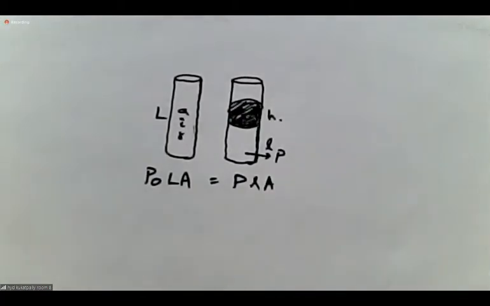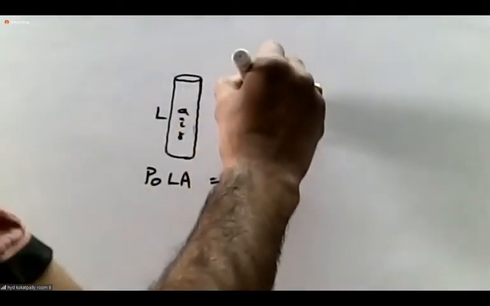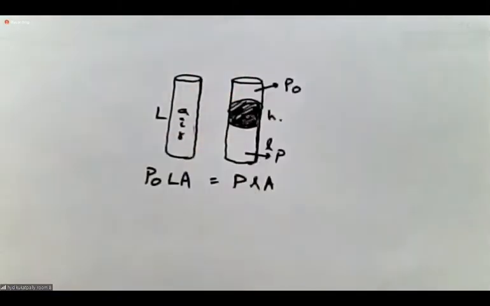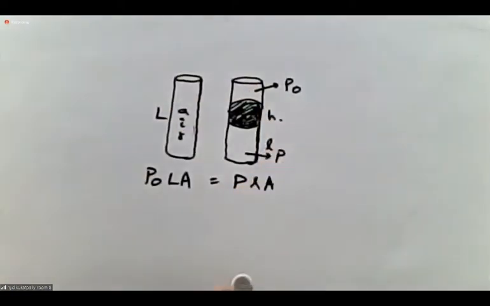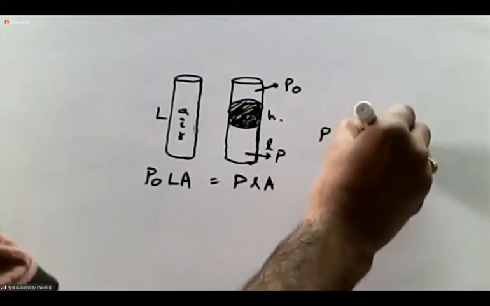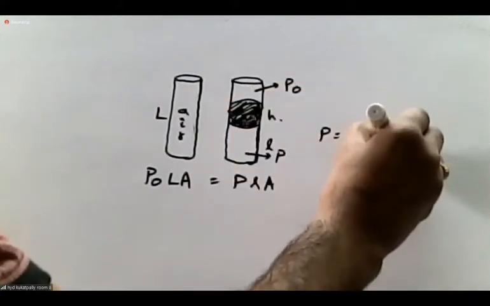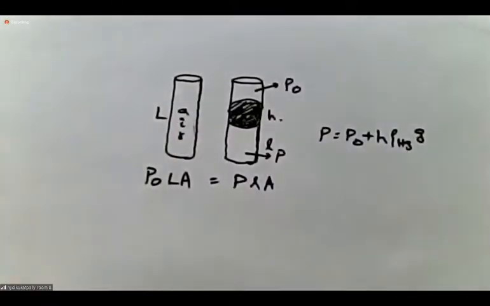Sir, how to find P? So what is the pressure here? P naught, atmospheric pressure. This is a static column. So pressure P is equal to P naught plus H, the mercury pellet height, into rho mercury into g. Moreover, guys, atmospheric pressure is equal to 76 centimeters of mercury column.